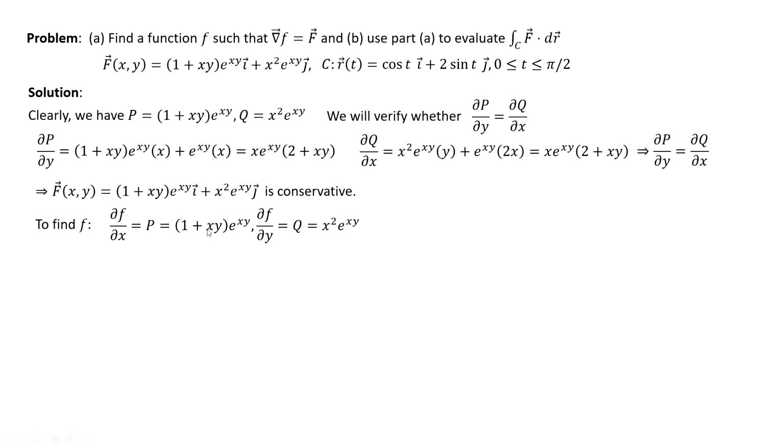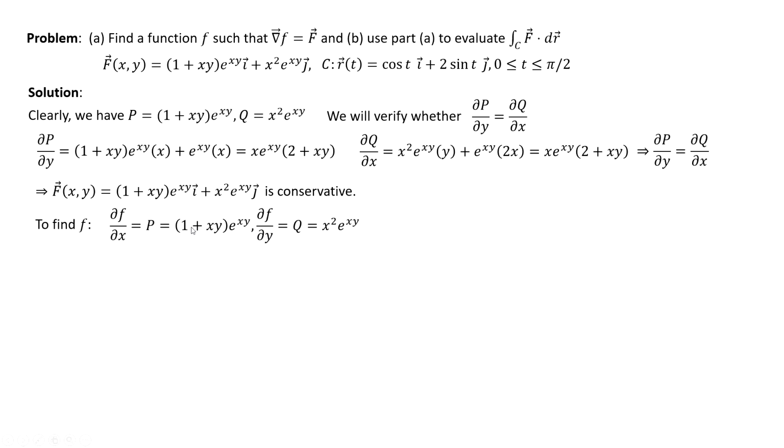So let's take a quick look at this. Is it okay to integrate this with respect to x? 1 plus xy, e to the xy. That's e to the xy. Integrating e to the xy with respect to x is simple. But then xy e to the xy, that's integration by parts.